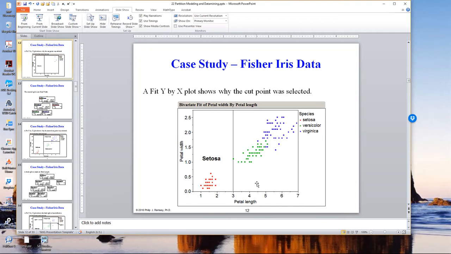Well, the next question is, on this right-hand side, that is petal lengths greater than 3, is there a place we could split where we could separate between versicolor and virginica? Notice that somewhere around, and we'll just eyeball this, around 1.7 or 1.75 inches for petal width, if we could partition that right-hand side there, we might be able to separate versicolor and virginica.